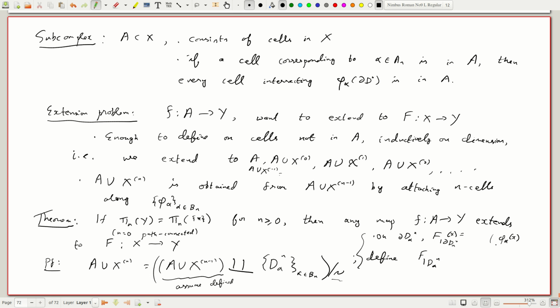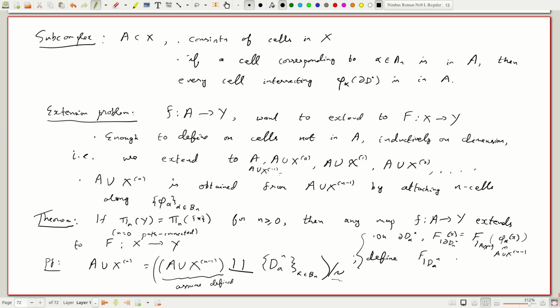So this point is going to be in A union Xn minus 1. So there we have already got f restricted to A union Xn minus 1. On the n minus 1 skeleton, we have already defined these. Sorry, that's not legible, but you heard me say A union Xn minus 1. We have previously defined this. So on the boundary, this is defined.